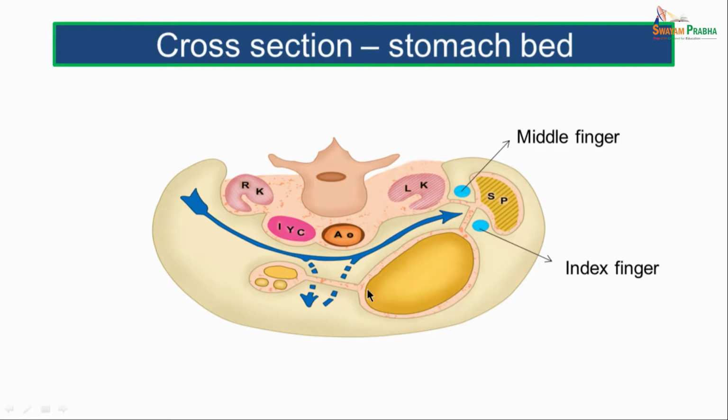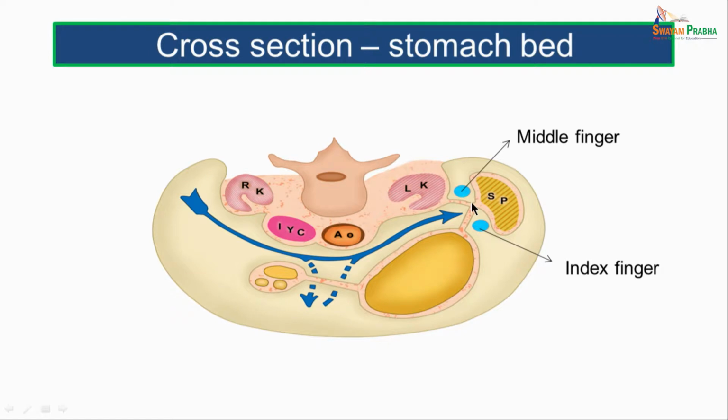When it reaches the lesser curvature, it splits to enclose the stomach from the anterior aspect as well as the posterior aspect. The two layers reach the greater curvature, reunite and then proceed as the gastrosplenic ligament towards the hilum of the spleen. What we see here is the spleen.